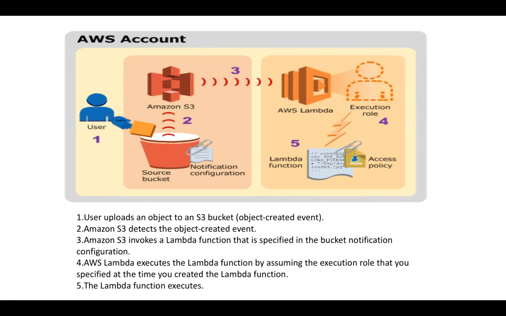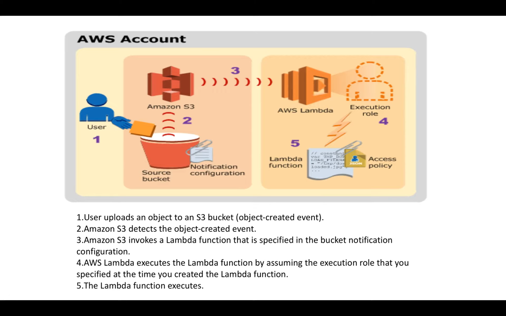Okay, let's go to the practical example scenarios. Look at this picture. In this picture, the user puts an object. The object goes to the S3 bucket, and immediately the S3 service itself finds the event, because some incident happened, put object, and sends that to Lambda with the event information.